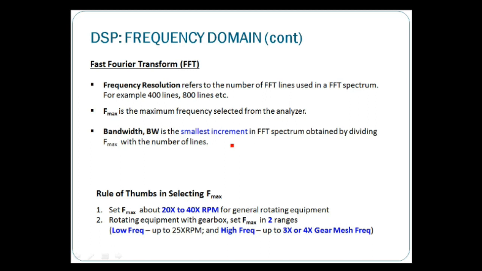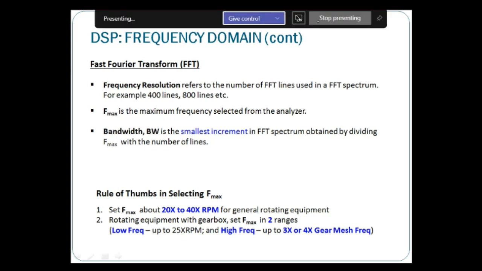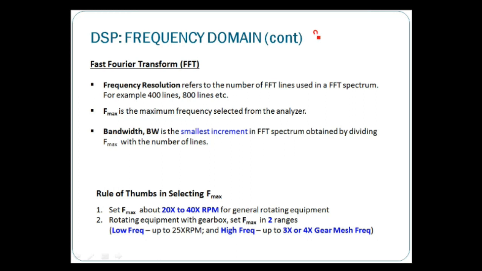So these FFT lines can help us in that particular frequency range. Let's say we have a sampling frequency of 1024 samples per second when we capture in the time domain.